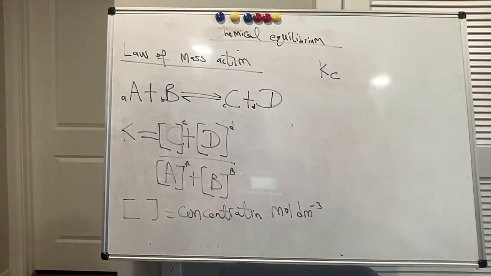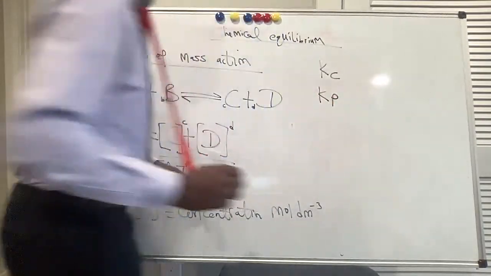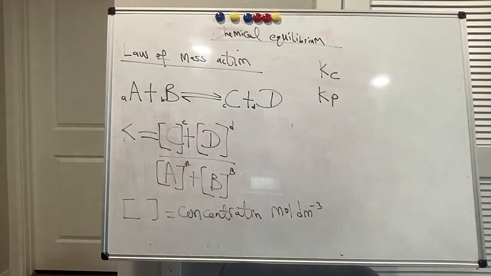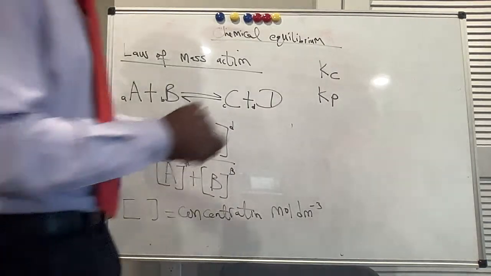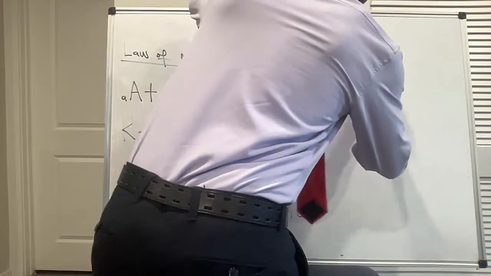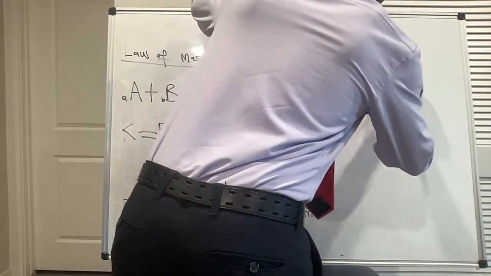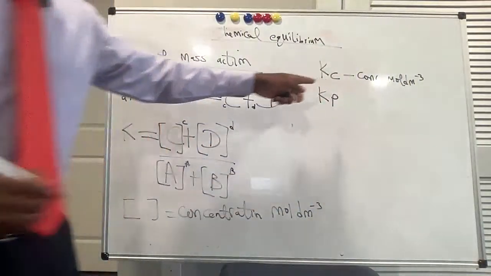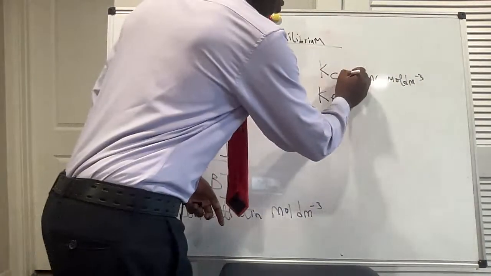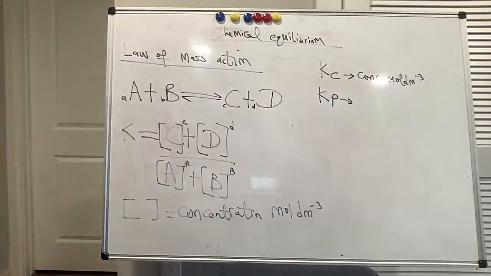We also have Kp. That's another type. Kc is based on concentration in mole per dm cubed.